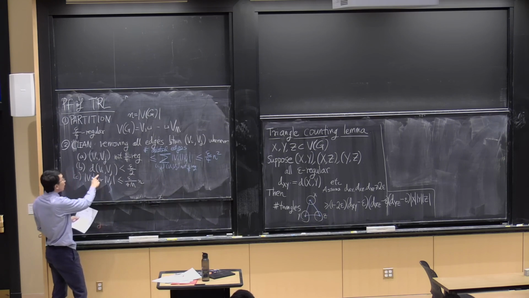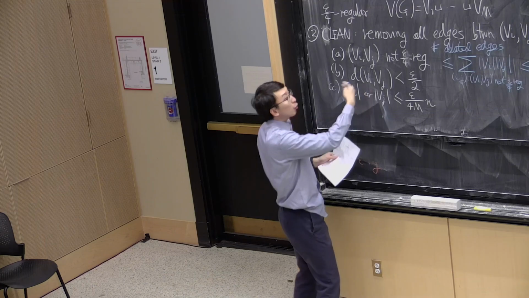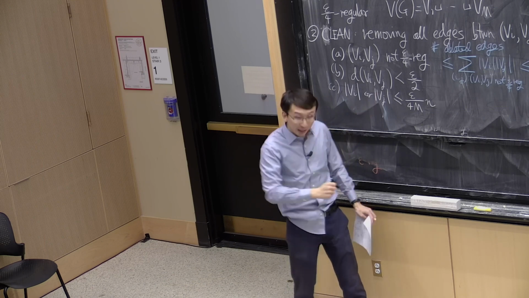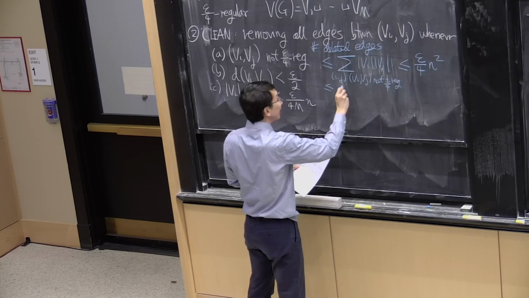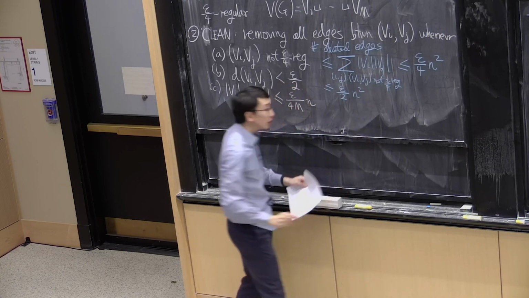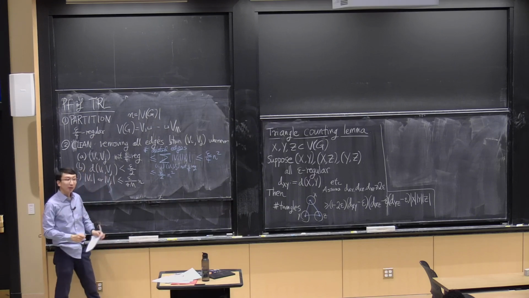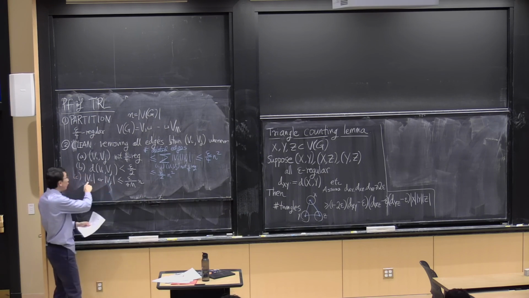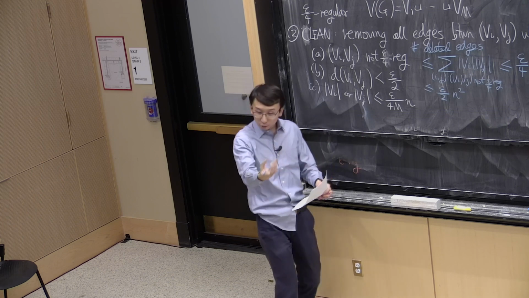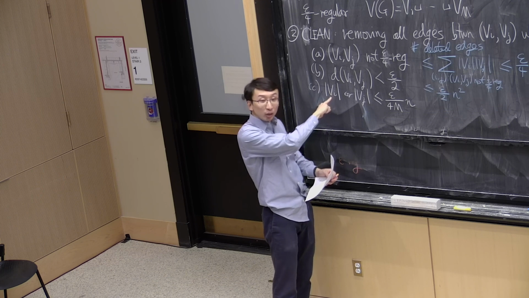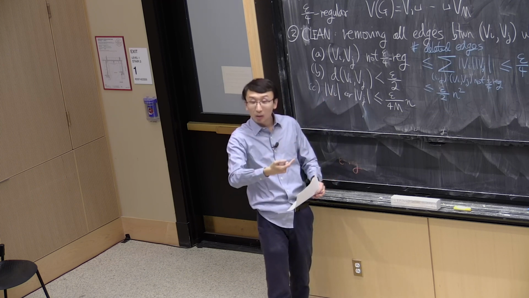In the second step, I'm getting rid of low density pairs. By virtue of them being low density, I'm not removing so many edges. So at most, epsilon over 2 times n squared edges I'm getting rid of. In the third part, every time I take a very small piece, every vertex here is adjacent to at most n vertices.